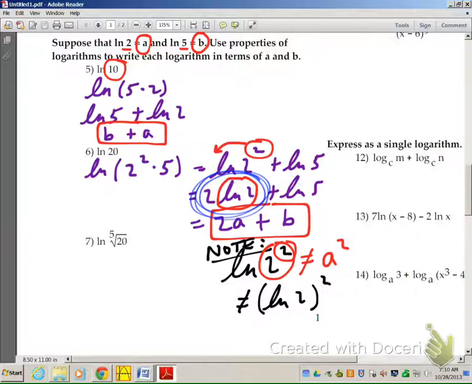So number 7, we see we have the 5th root of 20, and we're not really happy about that. So let's write this as ln of 20 to the 1 over 5. Okay? Well, 20 to the 1 over 5 is fine, but we need to, again, bring that exponent way out in the front.